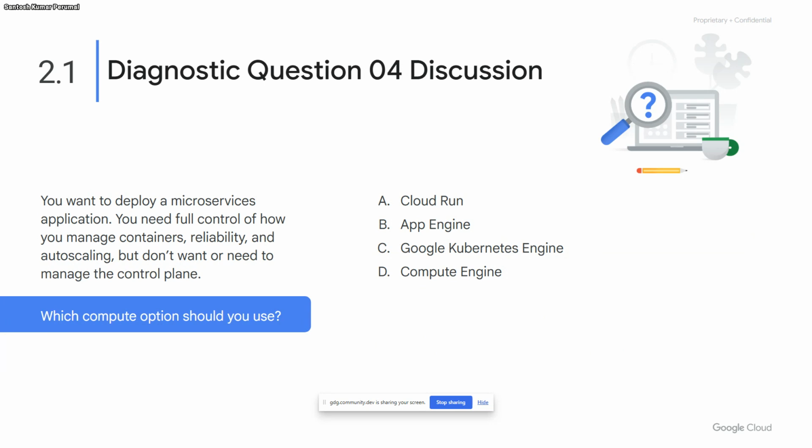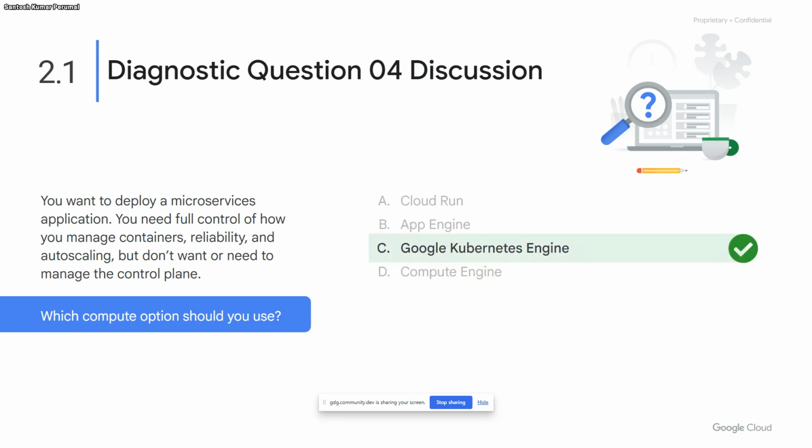Master is also the master server or control plane. It's more or less the same. They want a microservice application with full control on how to manage the containers, reliability and auto scaling. The key points to highlight are that they want to manage container reliability and auto scaling, but don't want or need to manage the control plane.